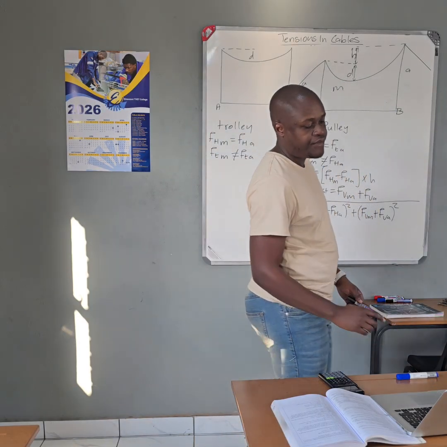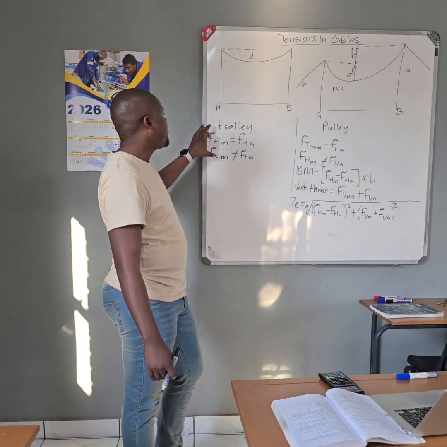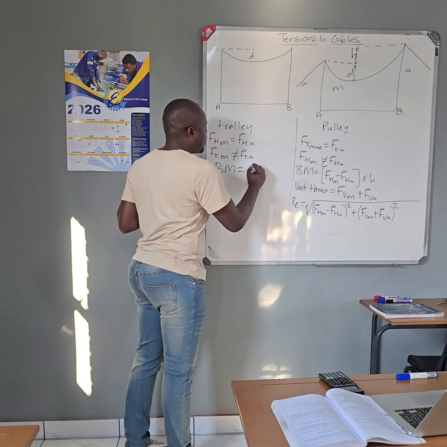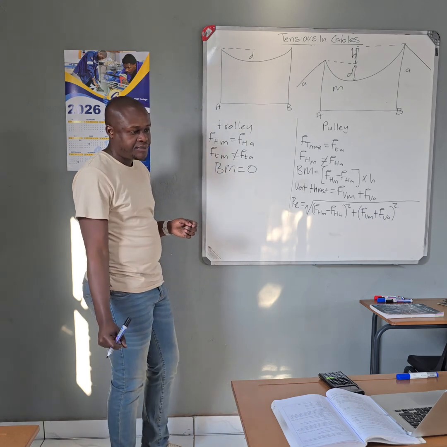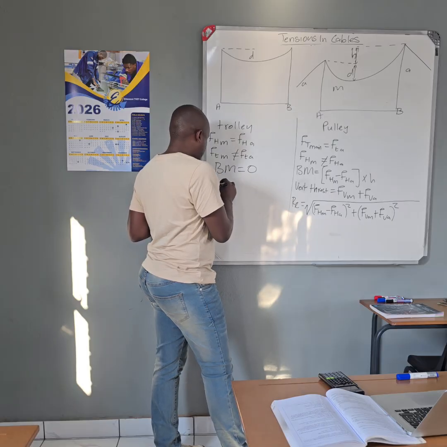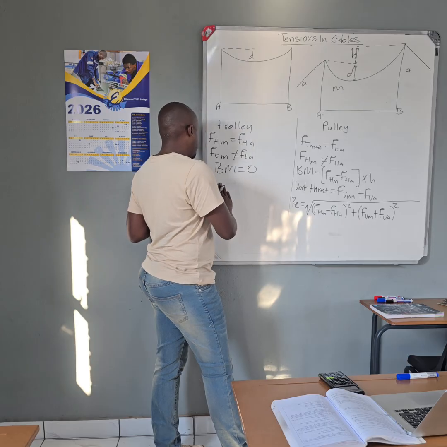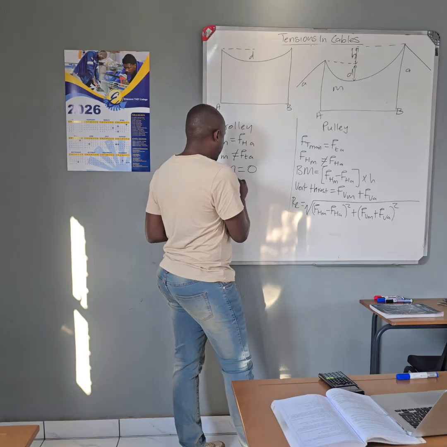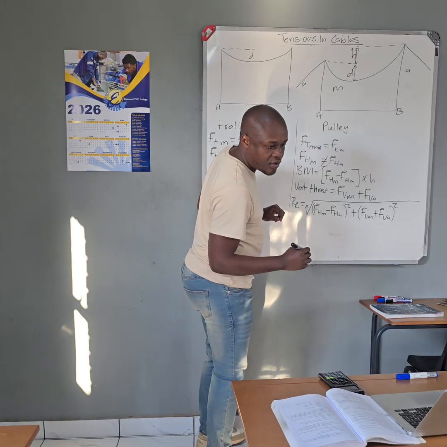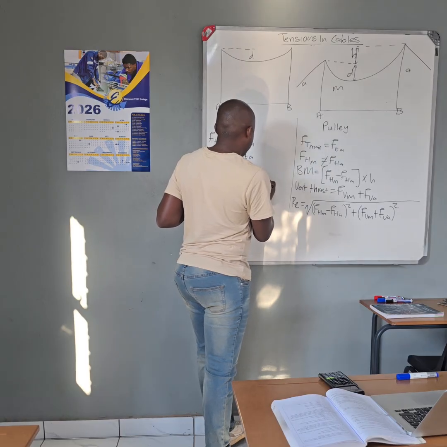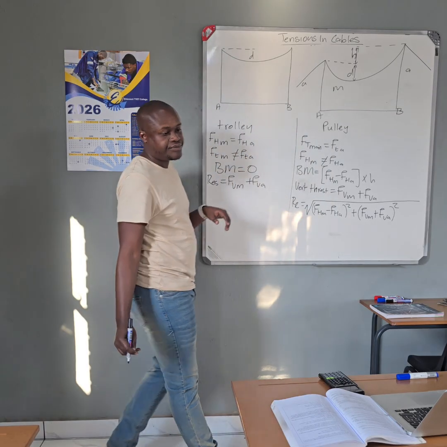Now let's move to our rollers. If it's rollers or trolleys, the bending moment will always be equal to 0 here. Then the resultant thrust is going to be equal to FV of your main cable plus FV of your anchor cable.